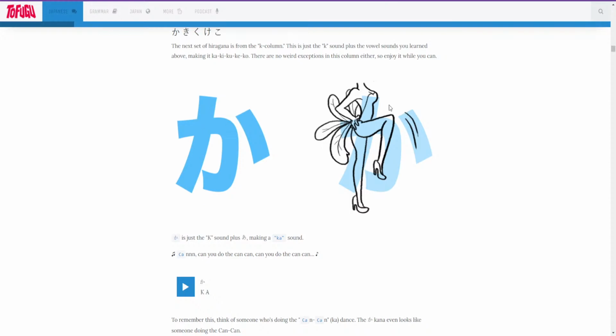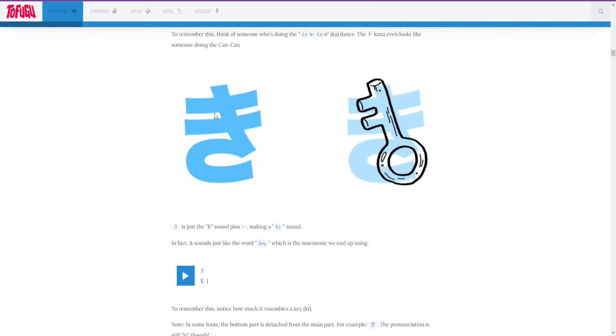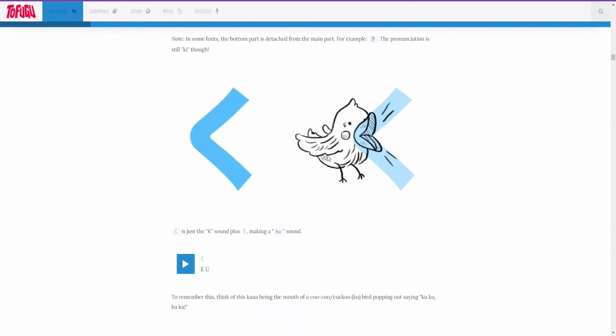The Ka looks like someone dancing. If it helps you, Ka-chan dancing. Ka-ka. Next is Ki. Looks like a key, and it's pronounced the same way. Ku looks like a bird's beak, like a cuckoo bird screaming.